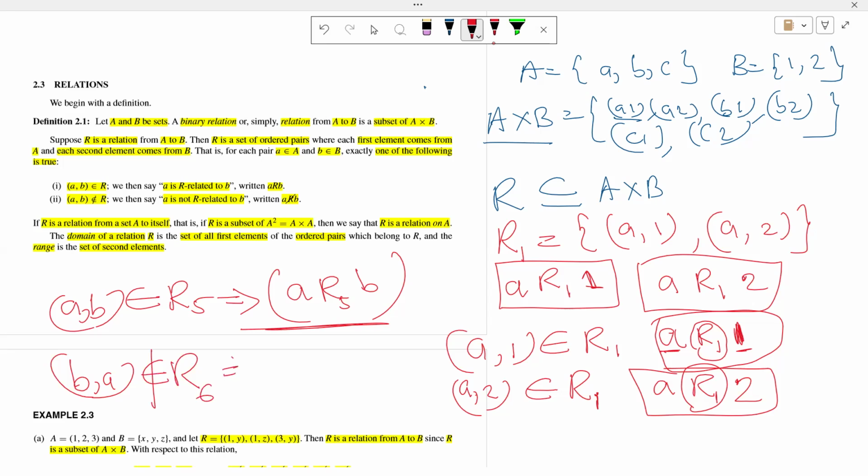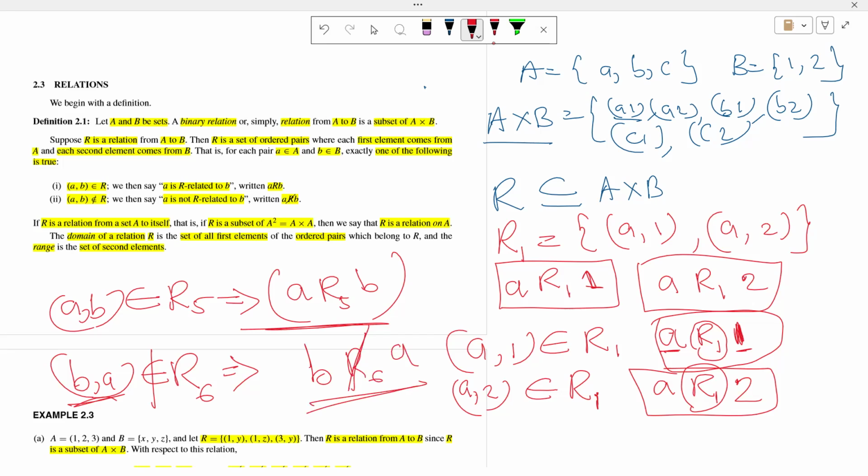It means that in the relation R6, there is no ordered pair B comma A. If you have a relation R6, then in that relation there is no ordered pair B comma A. For this we can write B R6 A and then cut it down with a slash.